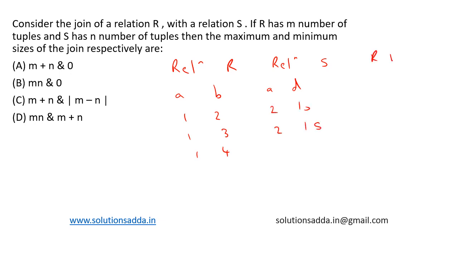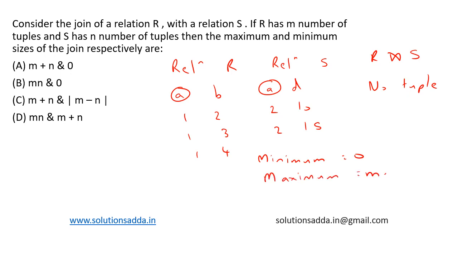When we perform R natural join with S, the common attribute has no values in common, so we get no tuple. So minimum would be equal to 0 and maximum would be equal to m into n. So the correct option here is option B. Maximum is mn and minimum is 0.